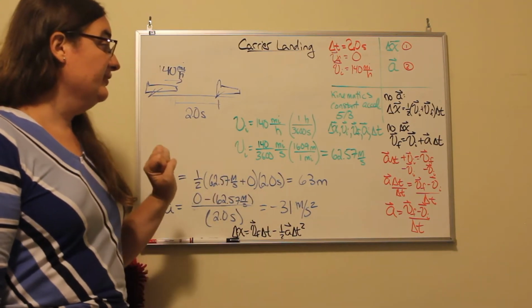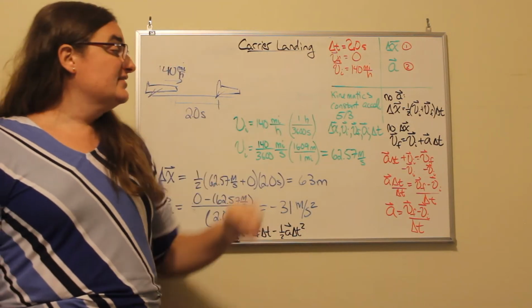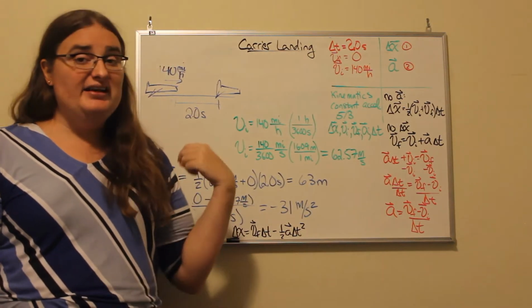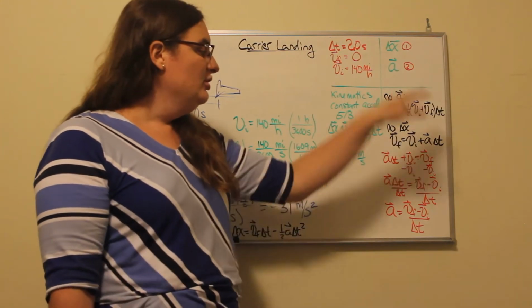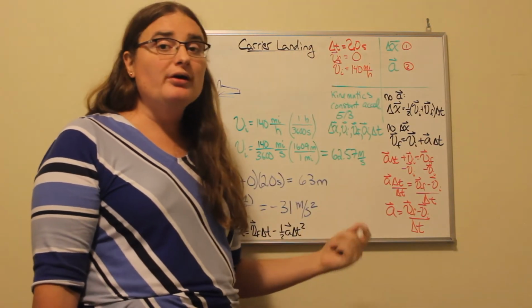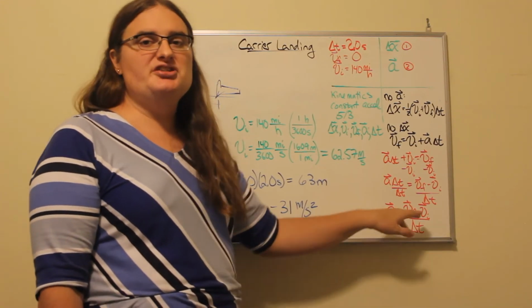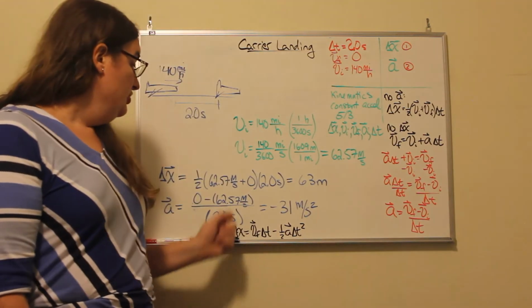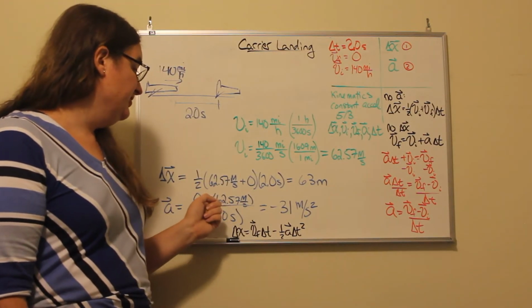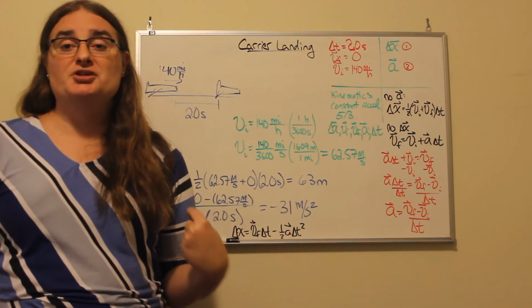Now to find the acceleration, if we don't know our displacement, we can say that our final velocity is our initial velocity plus acceleration times time, which is really just reworked from the definition of acceleration. That acceleration is our change in velocity divided by our change in time. So my change in velocity here is going to be negative 62.57 meters per second.